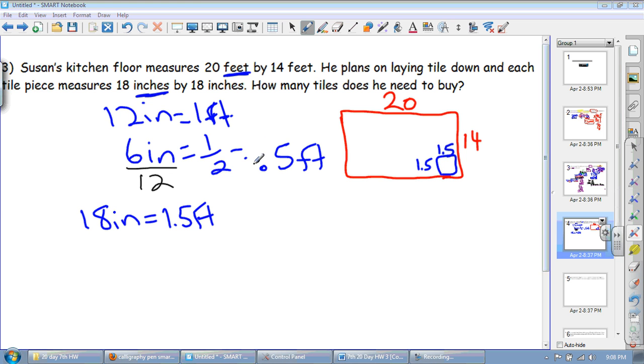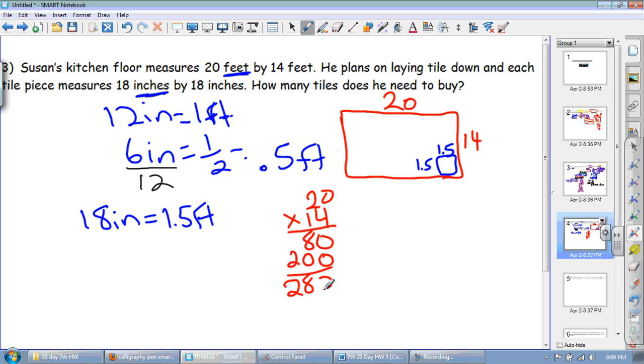So we can do 20 times 14, and that's going to give us 280. So the area of the whole floor is 280. We can find the area of the little tile, 1.5 times 1.5. That's 225 with a couple decimal places.